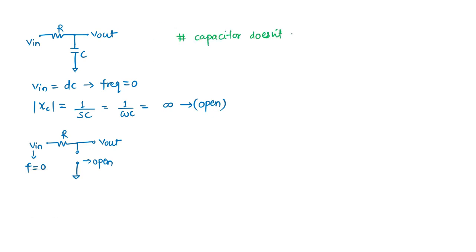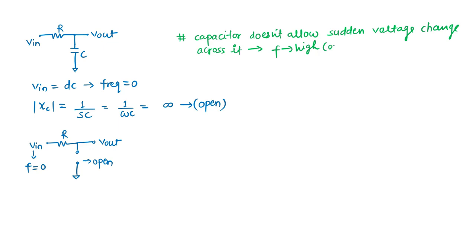Capacitor doesn't allow sudden voltage change across it. So at F very high or infinity, cap will hold its value, what we call VC at 0 negative. That is another point we'll discuss somewhere here.